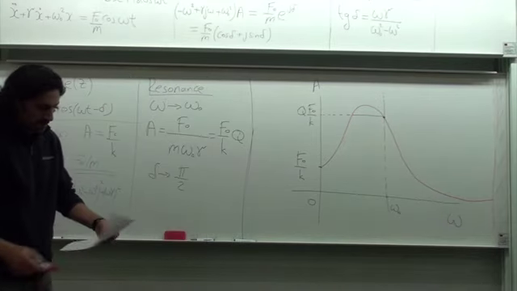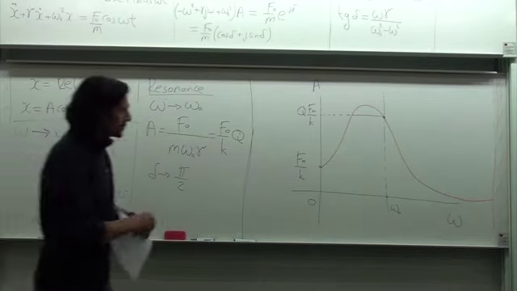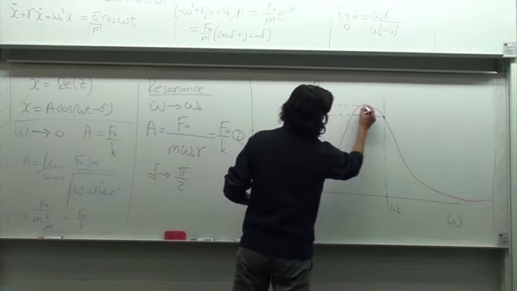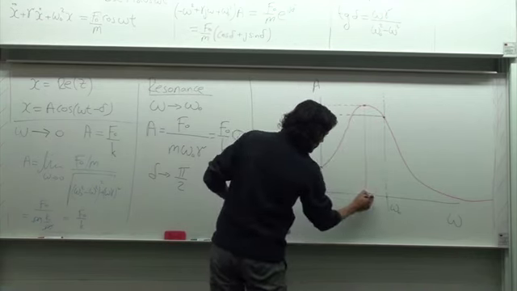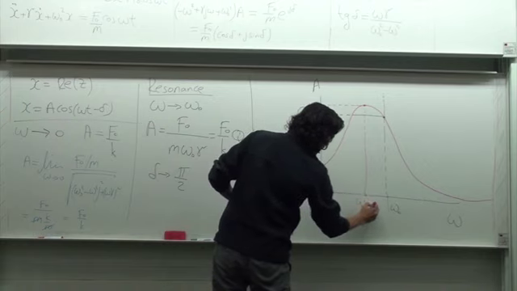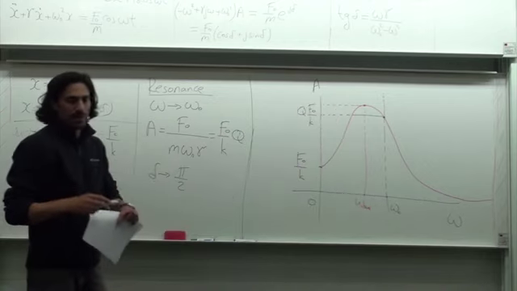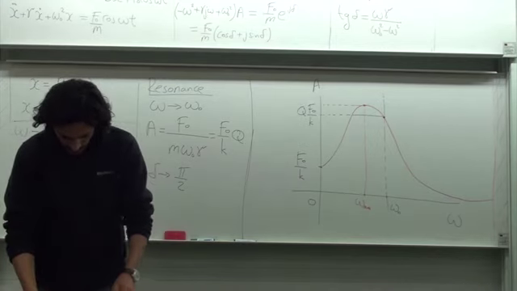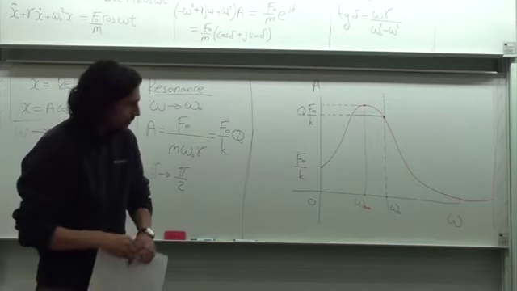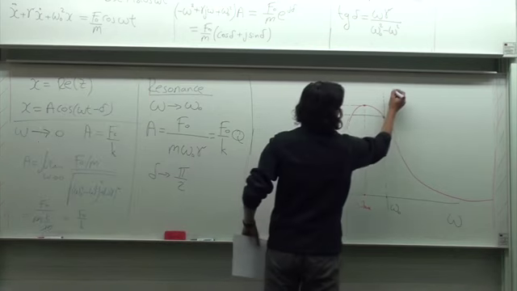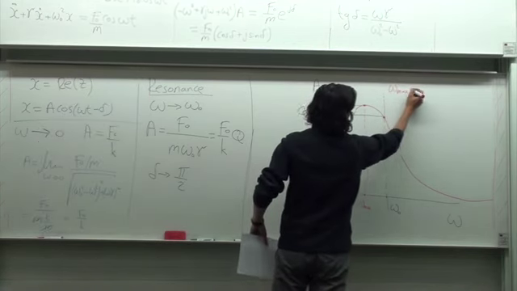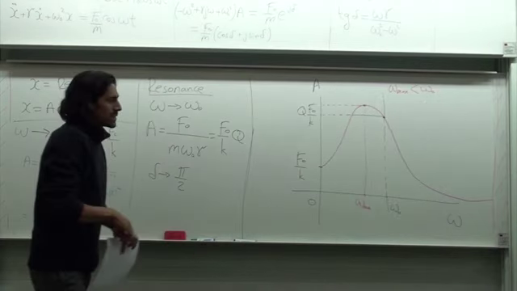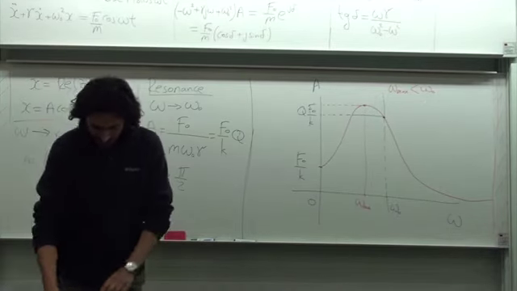The amplitude would tend to 0. This is the maximum amplitude. And this is the frequency, omega max, the frequency of the maximum amplitude. Note that omega max is smaller than the resonance frequency, the natural frequency.